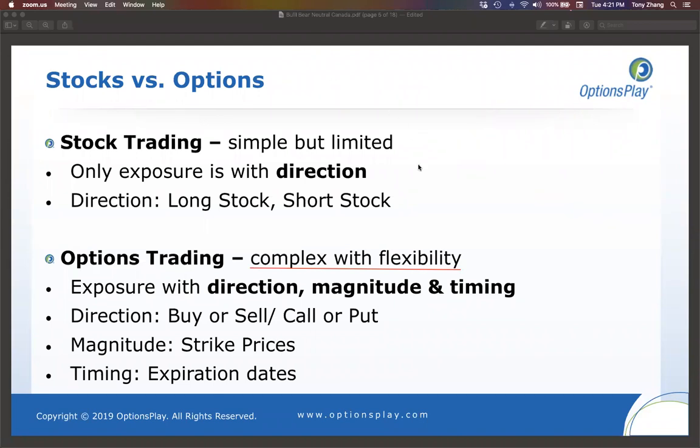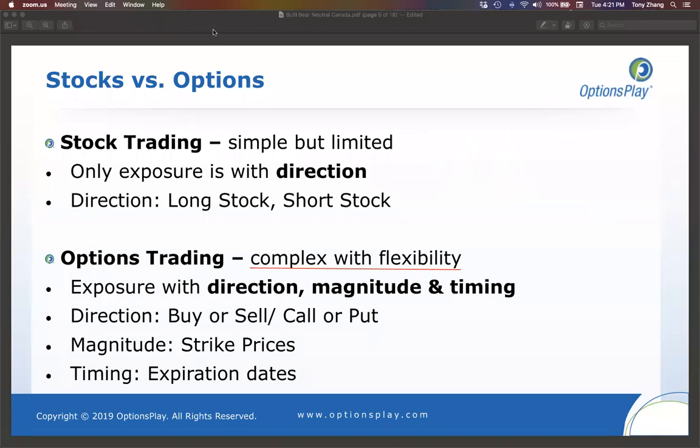Perhaps sometimes you have a bullish but more bearish view. You think the stock is going to rise and then you think it's going to fall, or you think the stock is just going to stay within a certain range. You think maybe it's just going to trade between two support or resistance levels. So you have a lot more flexibility with options that really allow you to express any possible outlook you have on the stock and be able to profit from that, simply utilizing options, that you wouldn't be able to do if you're trading stocks.